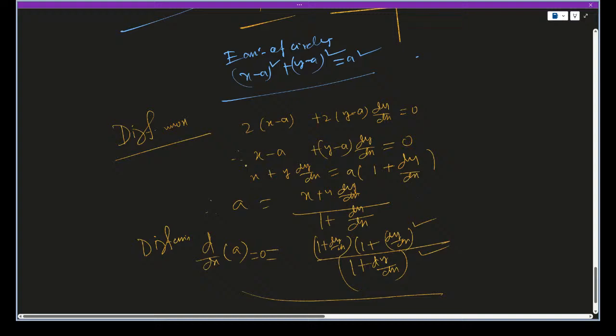You cross multiply, you simplify, you definitely do simplification. Whatever you do, have you checked my calculation? 1 plus dy by dx into 1 and dy by dx whole square. Minus sign I forgot to put.